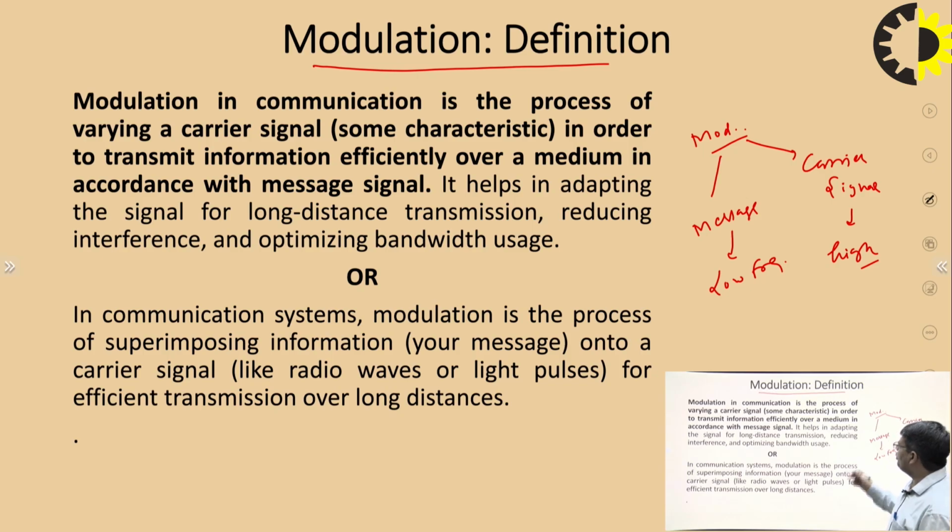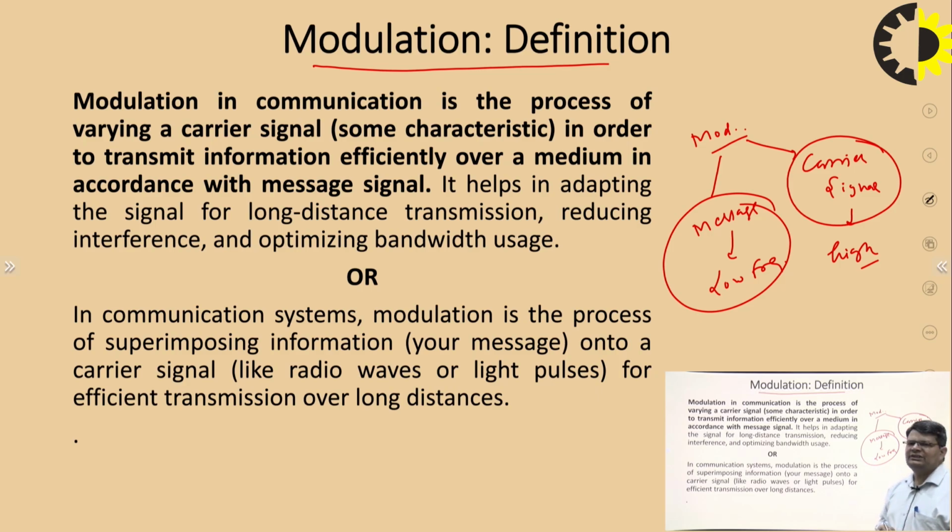So basically in the modulation process we change or vary the characteristics of this carrier signal according to the instantaneous value of this low frequency message signal. That is, in the communication system we don't transmit the message signal directly as it is.